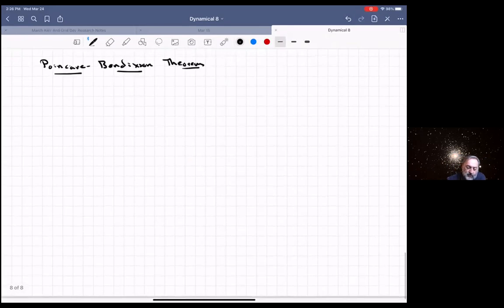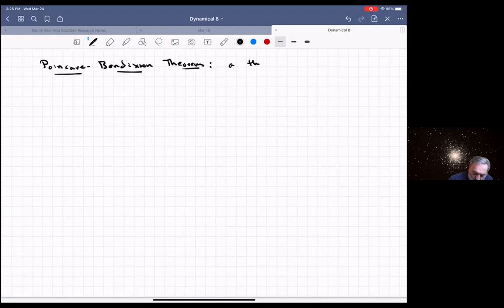Okay, so now the Poincare-Bendixson theorem introduces the idea of trapping regions, which is a useful thing to do in mathematics as well. So this is a theorem proving the existence of a limit cycle.